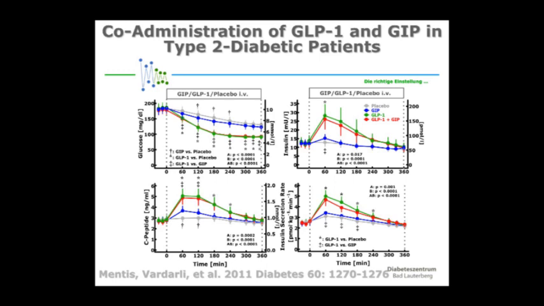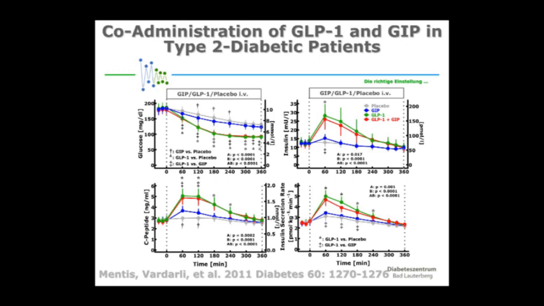So after 6 hours, even after 4 to 5 hours, you have glucose levels of around 5 millimoles in the patients with type 2 diabetes. And the red line, you hardly see it because it's superimposable to the green line. GIP added to GLP-1 does neither make it more effective nor accelerates the fall in glucose.